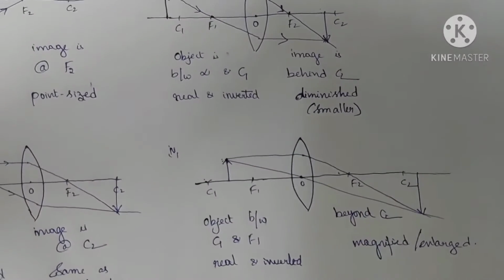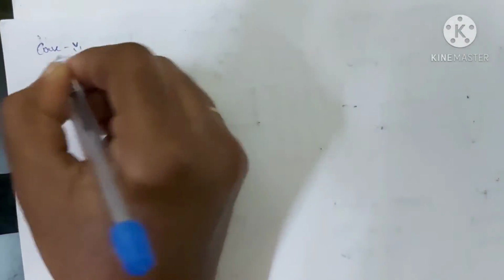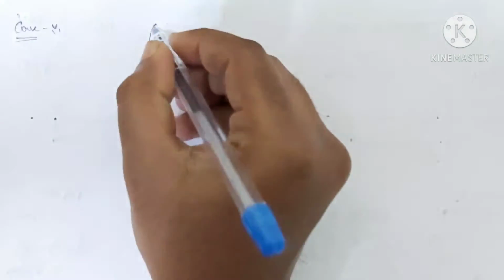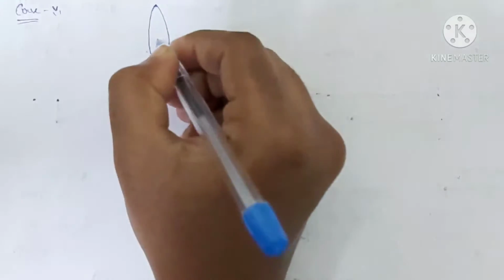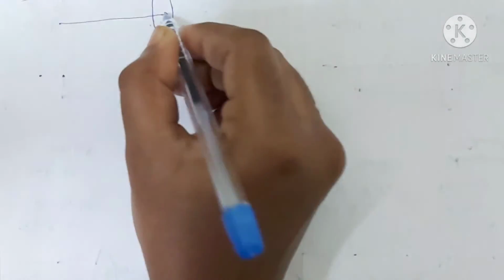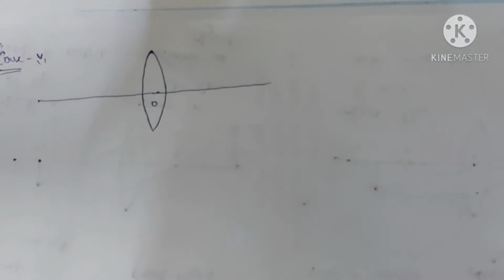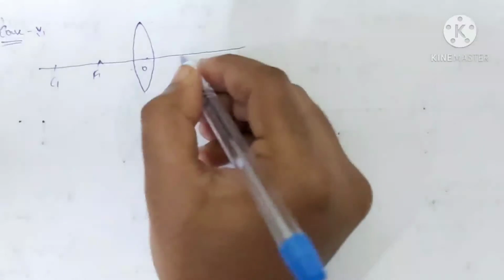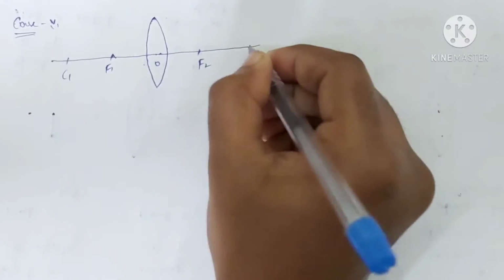Let's see the next 2. Here it's case 5. Optical center, the line passing through is the principal axis. Noting my points, F1, C1, F2, C2.